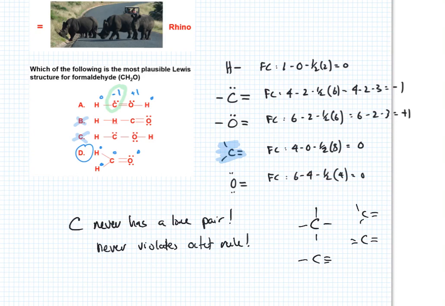Any of those configurations, you notice all of those have the exact same formal charge. You can kind of save yourself some trouble because they're all going to be 4 minus 0 minus 1/2 times 8. So you don't have to calculate the formal charge. If you see a carbon with 4 bonds to it, no matter what the configuration is, you can just jump right to the conclusion that it's going to have a formal charge of 0.